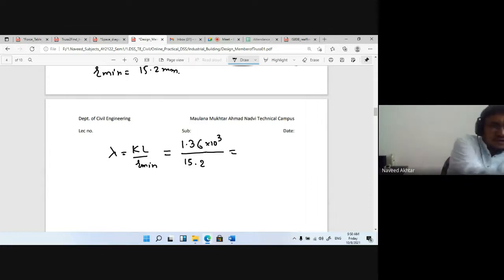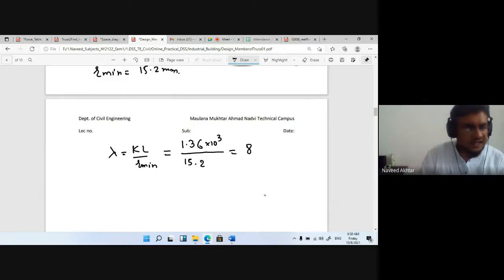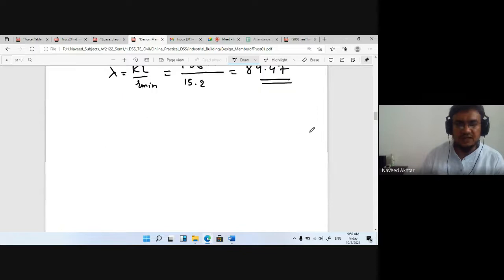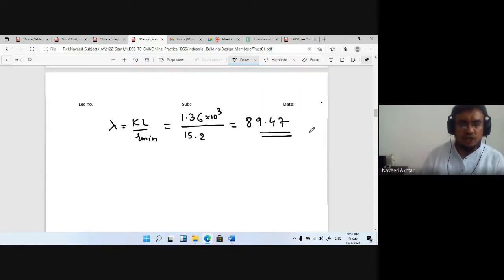So you can come, the lambda is 1360 divided by 15.2, that is lambda is 89.47, that is dimensionless. Okay? Now you know the lambda.